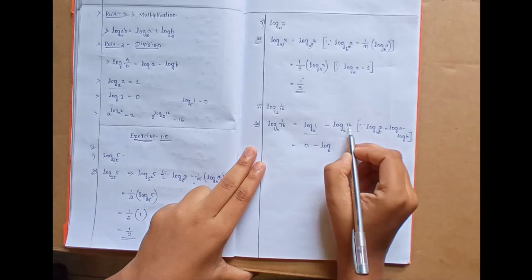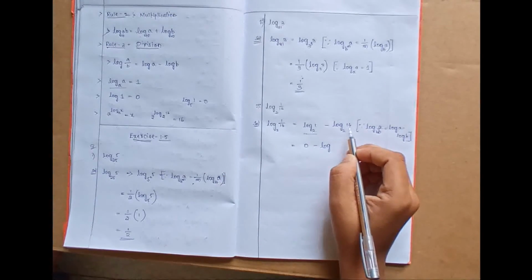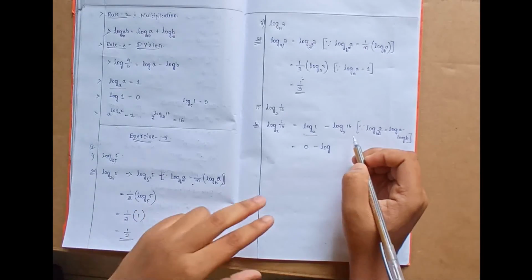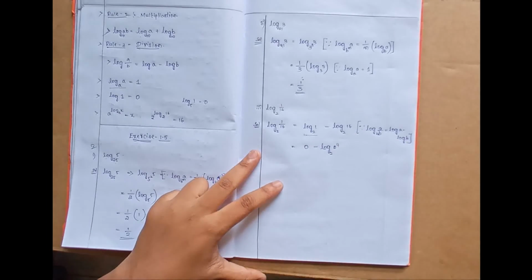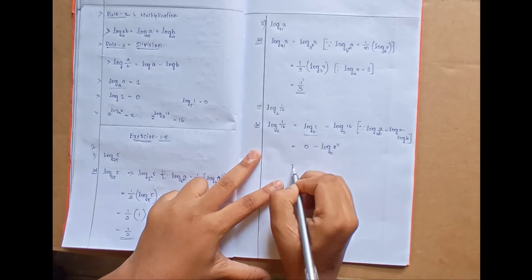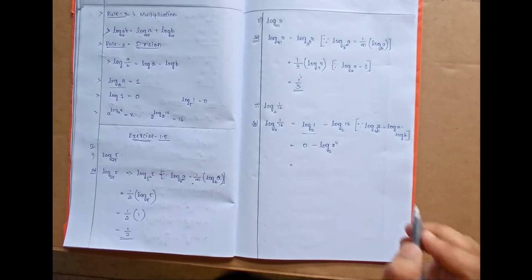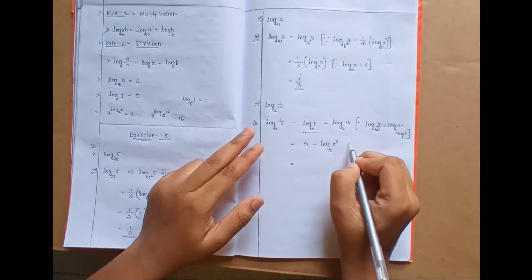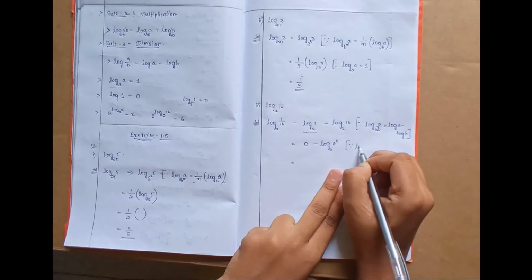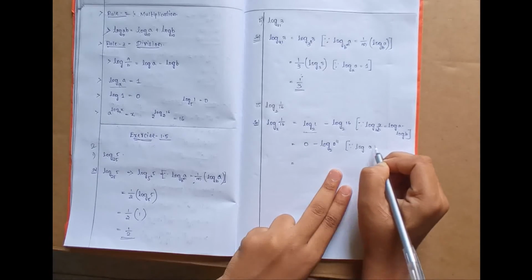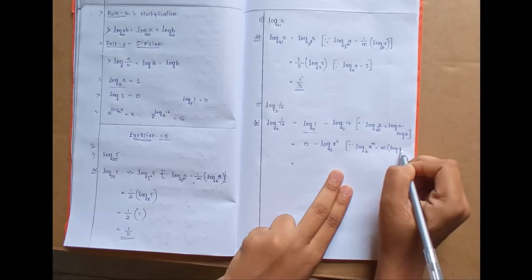Do you observe this 16 can be written as 2 to the power of 4, with the base 2, right? As you see, we have a law: log a power m to the base b is equal to m log a to the base b.